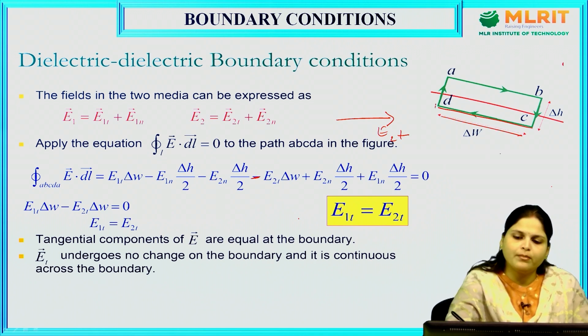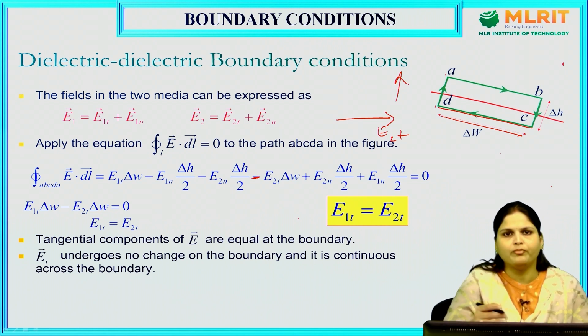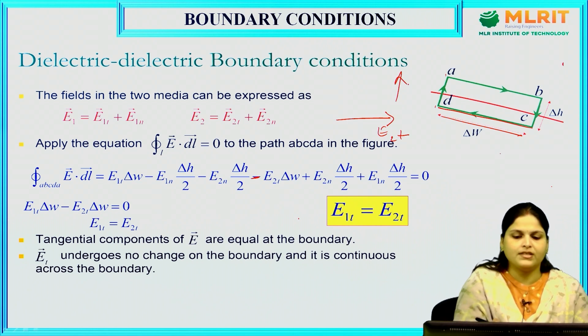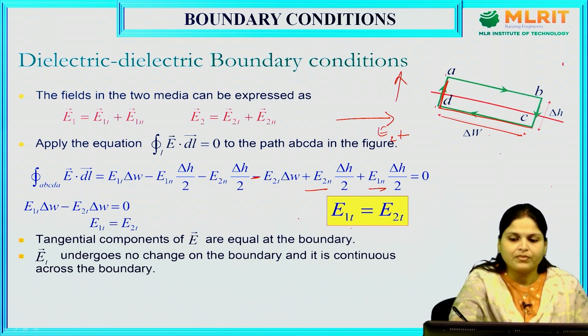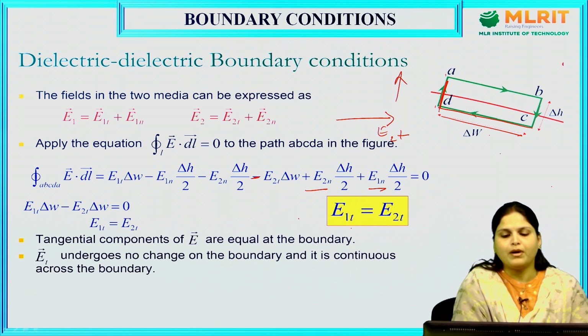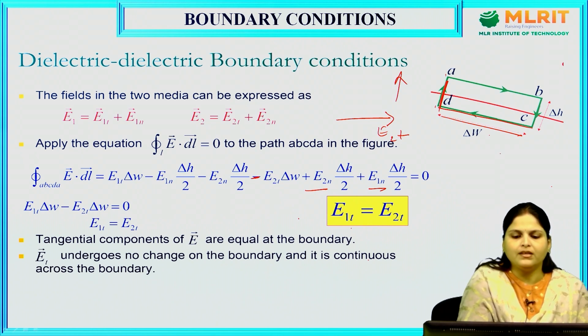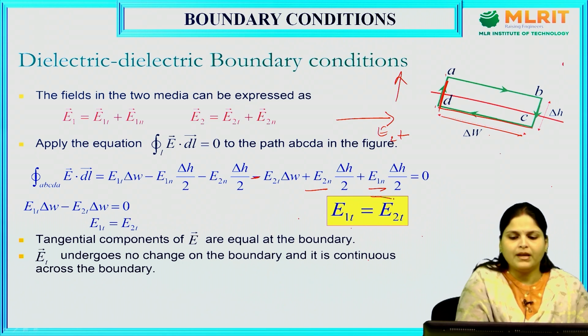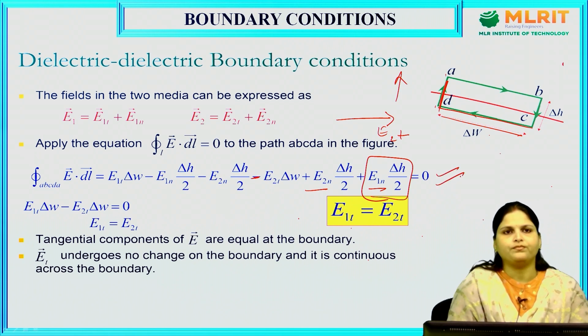Now we move from D to A, so normal components are in the upward direction and the movement is also in the upward direction, the direction is same, so positive signs will be taken, but again because this is divided by the boundary, half lengths will be taken. So E2n into del h by 2 plus E1n into del h by 2, and the algebraic summation of all these components will be equal to 0.